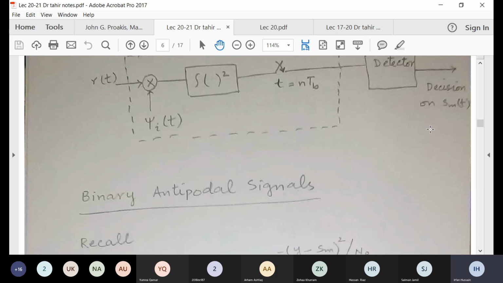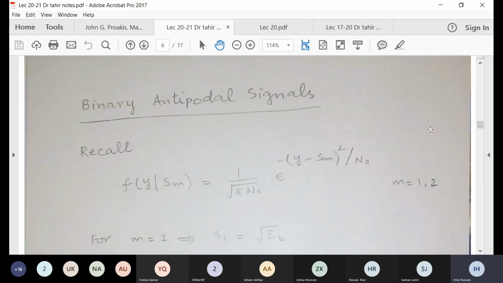First of all, let us do it with binary antipodal signaling where you have one basis function. So we have seen f of y given S1, and we have seen f of y given S2.